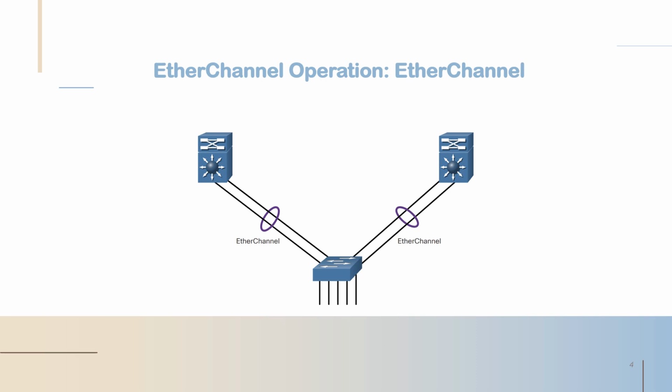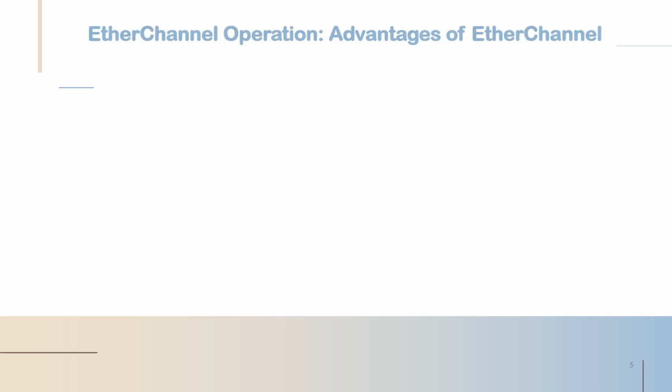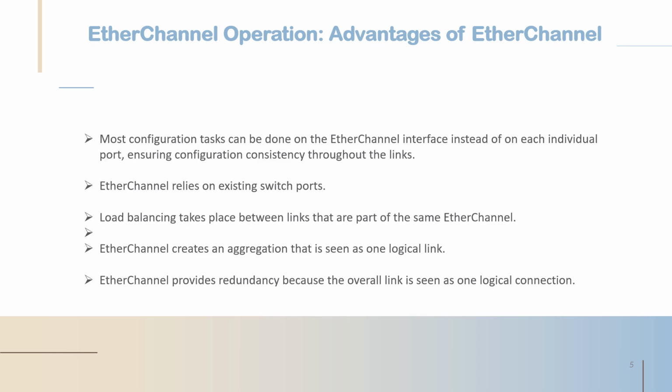And what are the advantages of using EtherChannel? It has many advantages, which include that most configuration tasks can be done on the EtherChannel interface instead of on each individual port, ensuring configuration consistency throughout the links. EtherChannel relies on existing switch ports, which means that there is no need to upgrade the links to a faster and more expensive connection to have more bandwidth.